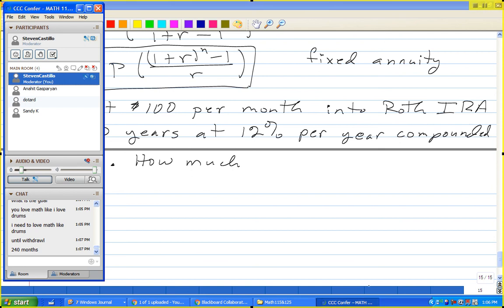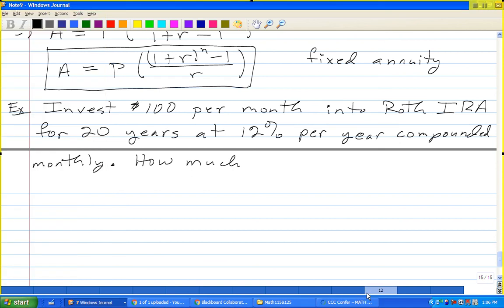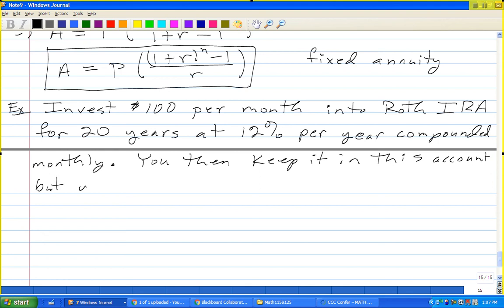Okay. So you then keep it in this account, in this IRA, but you do not either add or subtract money.